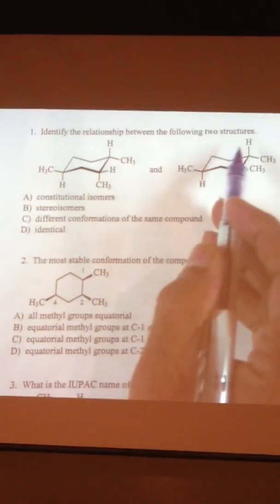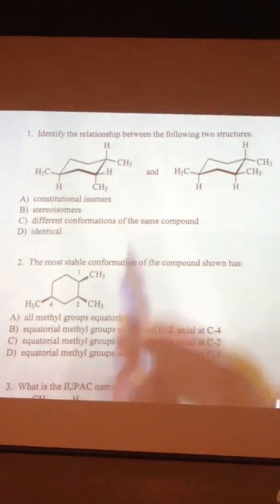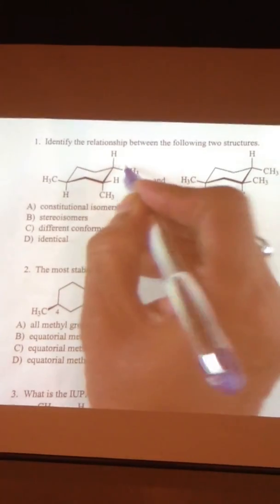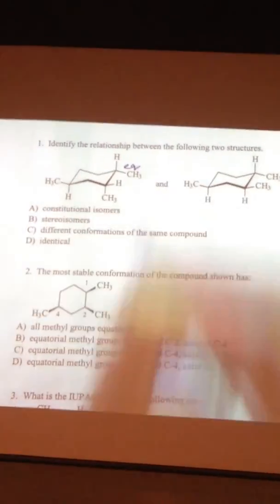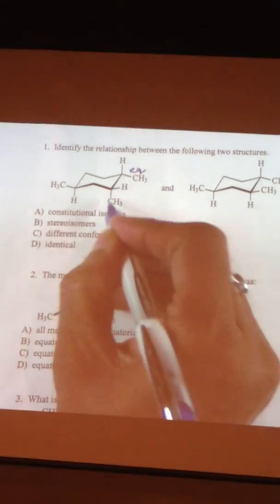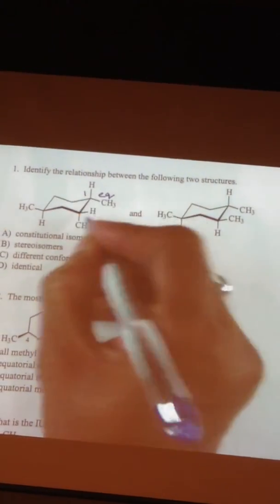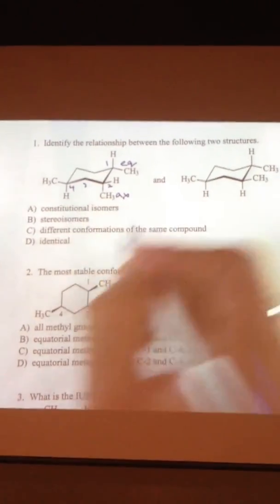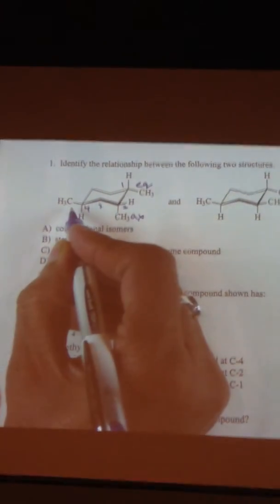the relationship between the two structures. The first one is this equatorial methyl group, followed by this methyl group, which is at the 2 position. This is 1, 2, 3, and 4. The 2 position methyl group is axial, and the methyl group at the 4 position is equatorial.